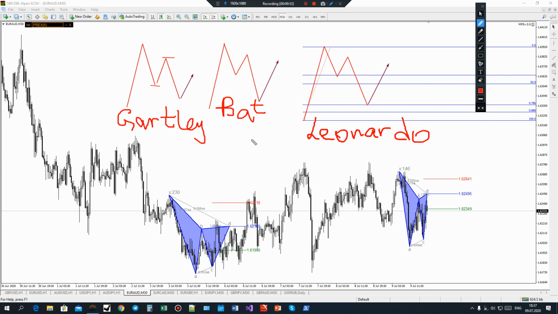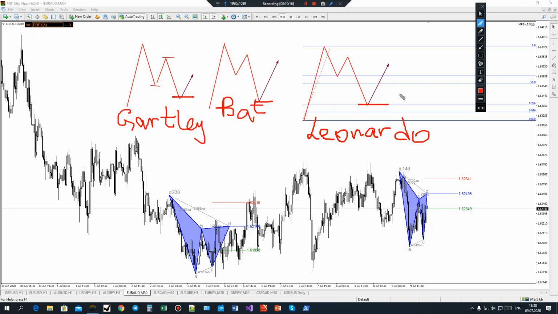Okay, I was following this evolution of patterns. Actually, they are variations of the same pattern. The only difference is the ratios and the entry. Higher entry, lower entry, higher entry. And I just decided to do it this way.